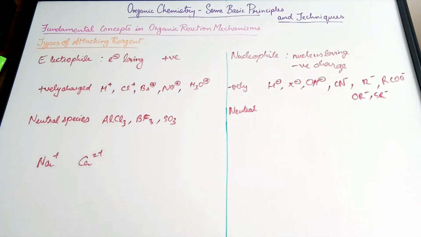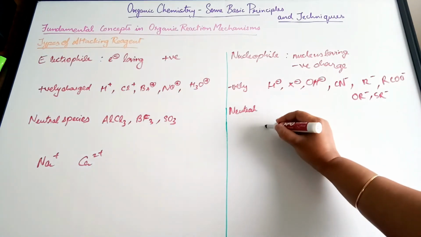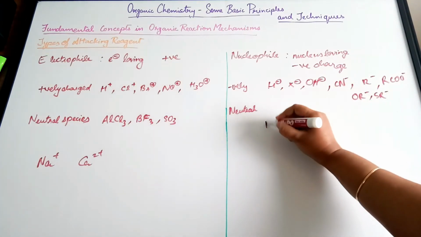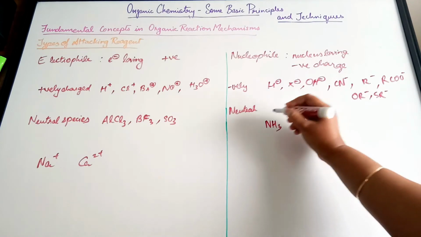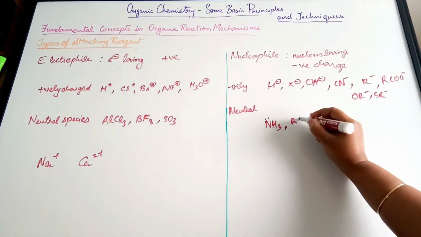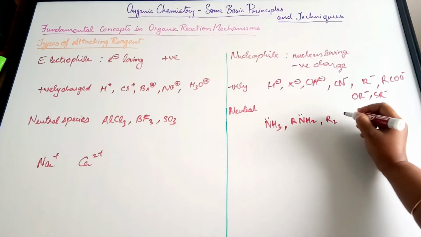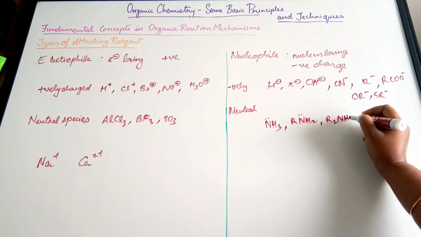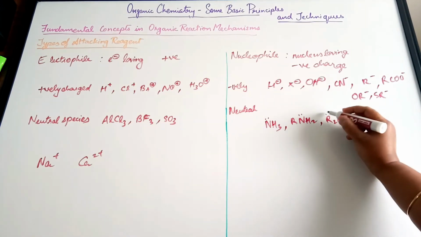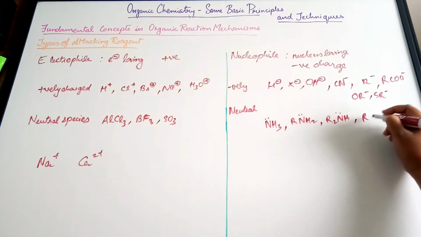In case of neutral nucleophiles, examples include NH3, then RNH2, you see where this is going, R2NH, and R3N.